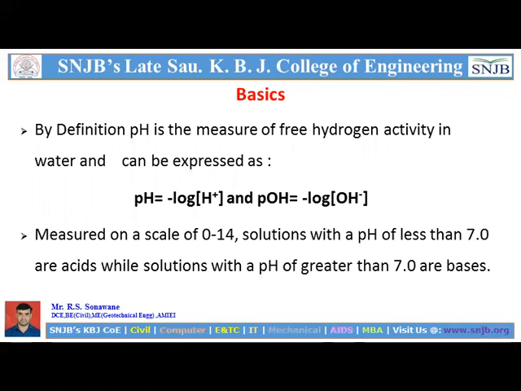That means the concentration of hydrogen ions in a particular liquid or water, which can be expressed as the log of H plus ions or the log of OH minus ions. It shows how much hydrogen activity is going on in that particular water.